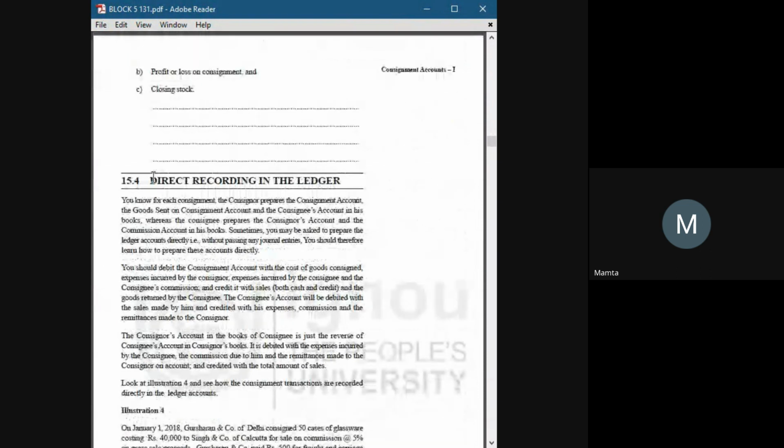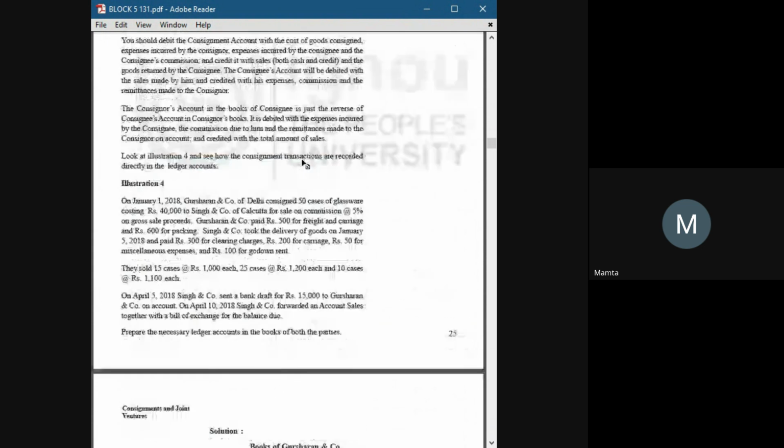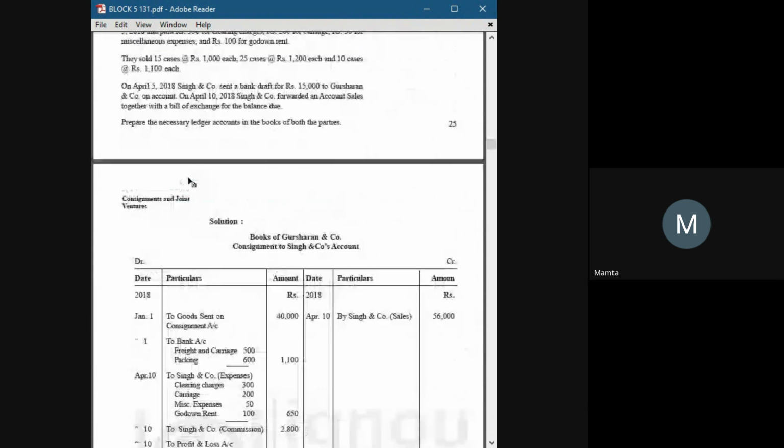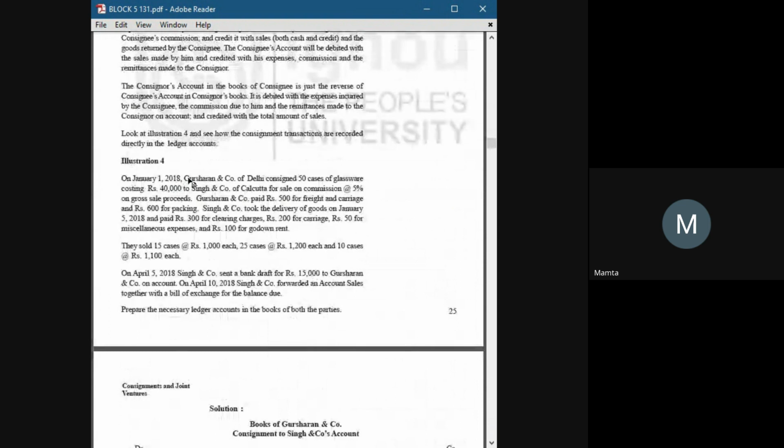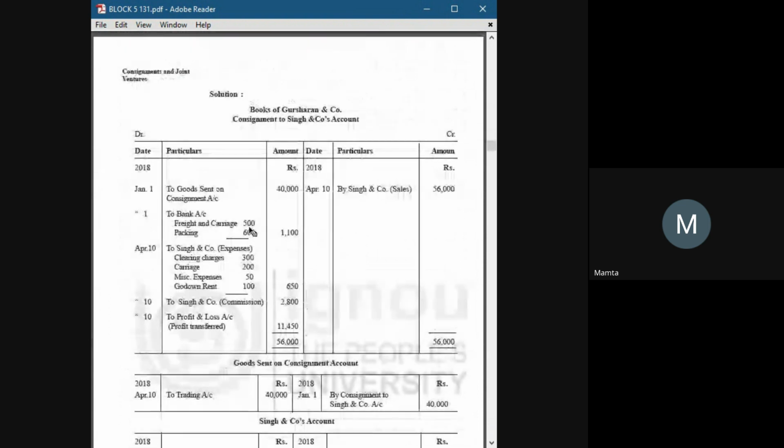Now, direct recording in the ledger. Sometimes we directly record all the transactions on consignment in the ledger. We skip the journal part. And how do we do so? By making just a simple ledger account.